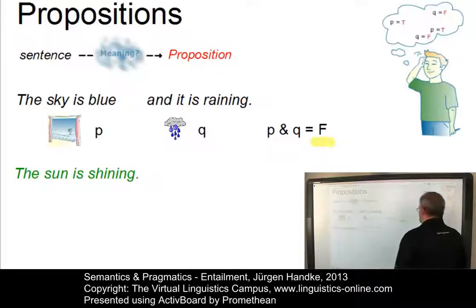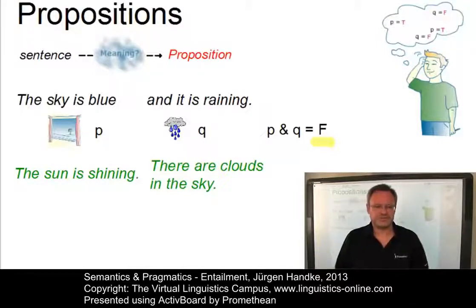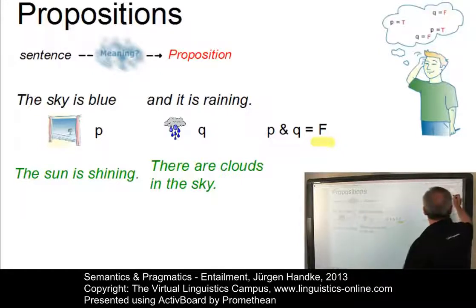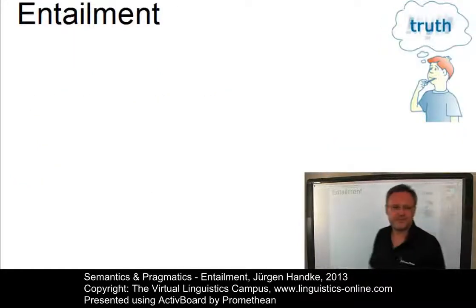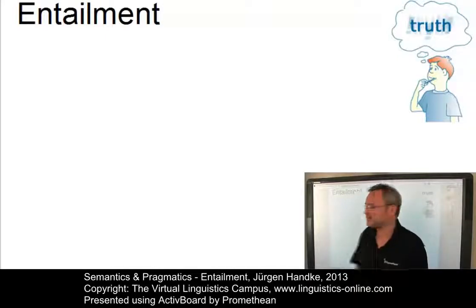And from it is raining, from Q, we can infer that there is at least one cloud in the sky, since according to our knowledge of the world, one prerequisite for rain is that there are clouds in the sky. These logical inferences are referred to as entailment. Formally, entailment is defined as any true inference from a true proposition.